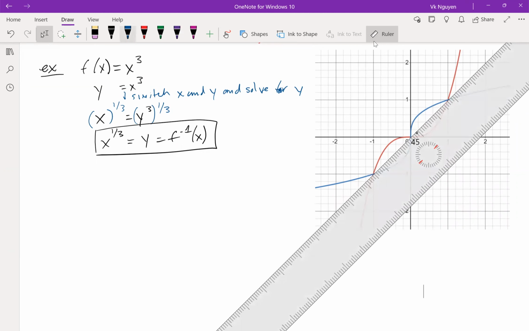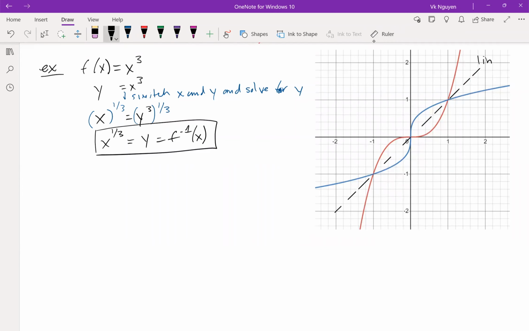And then you see that, oh my God, this line y equals x right here. The red function is f of x. The blue function is f inverse of x. They reflect over the line y equals x. Pretty cool, huh?